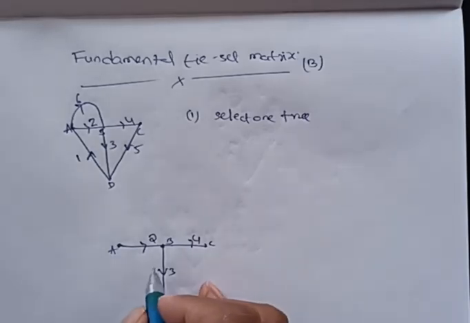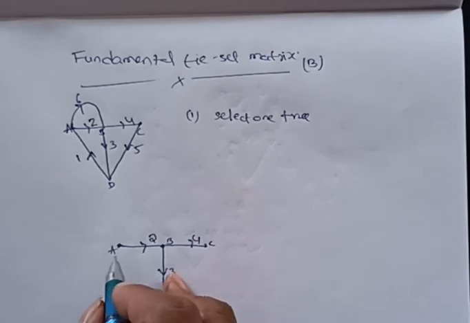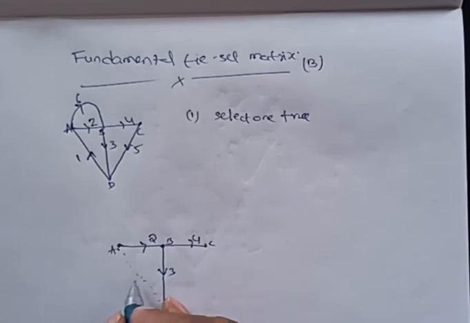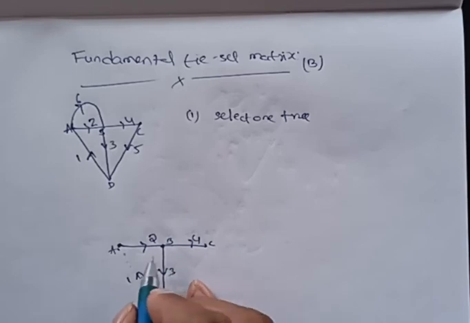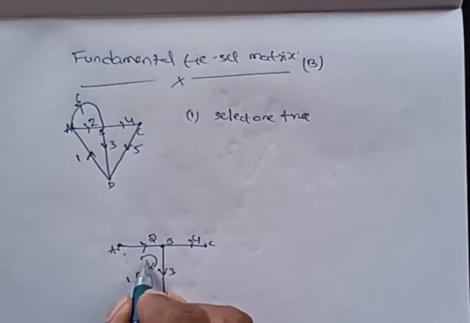Next we rejoin each link we removed, which forms one loop. When you rejoin branch 1, you get loop 1, and I am assuming the current direction is like this. The current is capital I1.